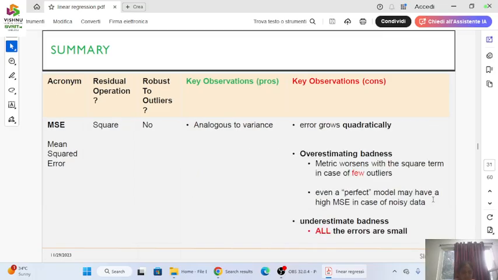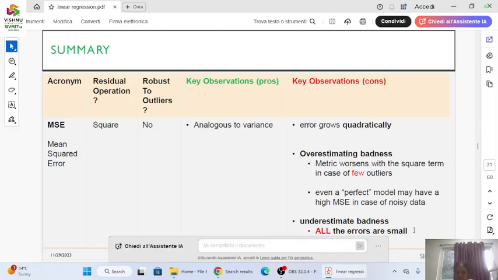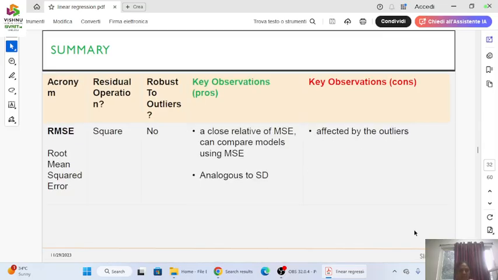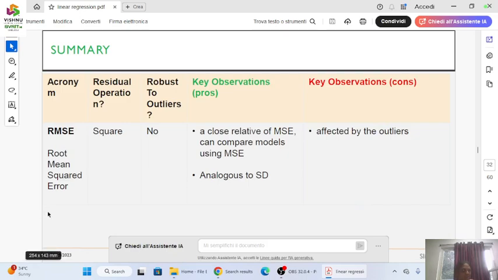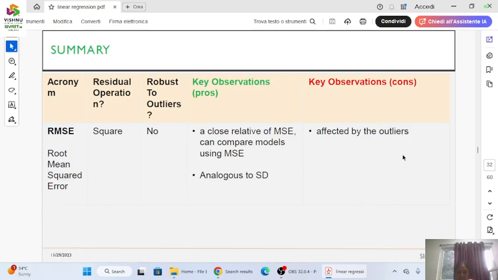Coming to MSE: the residual operation is squared, sensitivity to outliers is high, and the key observation is that it is analogous to the variance. The error grows quadratically, and it overestimates the badness, this we can see, right? And RMSE, root mean squared error. Now we can see that here everything is affected by the outliers.